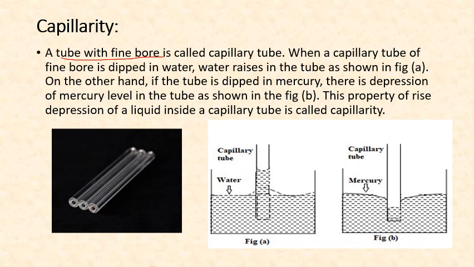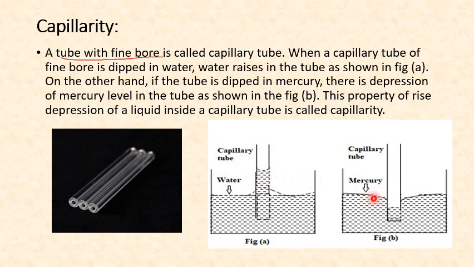Okay. Now when a capillary tube like this is dipped into a water beaker as shown in figure A, you can observe that the water rises inside the capillary tube and sits above the normal water level inside the beaker.